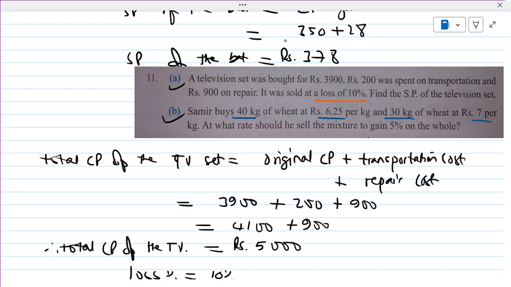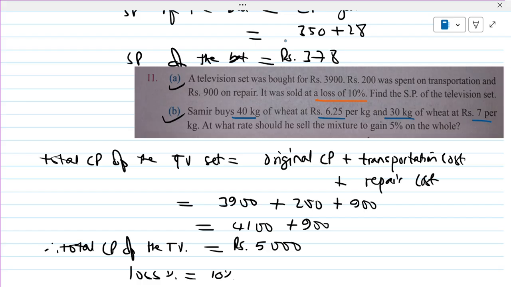So he mixes those two wheats, which are 40 kg and 30 kg, is it? And then that mixed wheat he will be selling at a gain of 5% as a whole, is it? So what rate should he apply per kg? We have to find that.